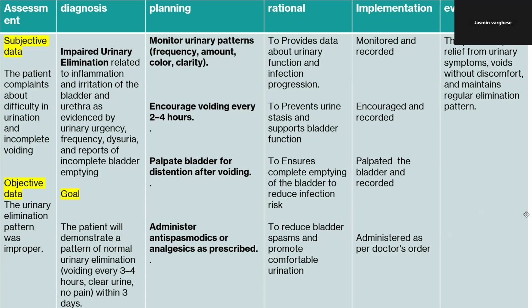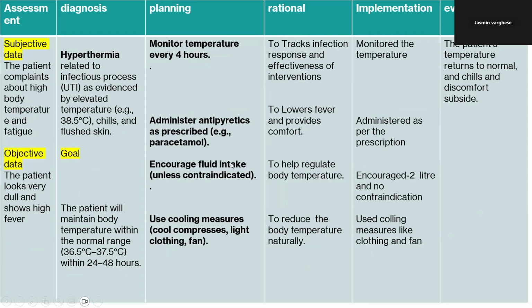All right, impaired urinary elimination. The next one is hypothermia. For hypothermia, what subjective data can we write? What will patients say? The patient complains about high body temperature and fatigue. Obviously, the patient will always tell that I am feeling very tired.